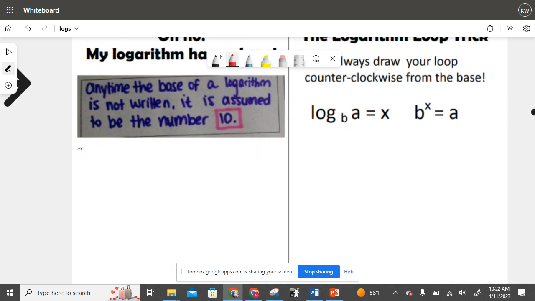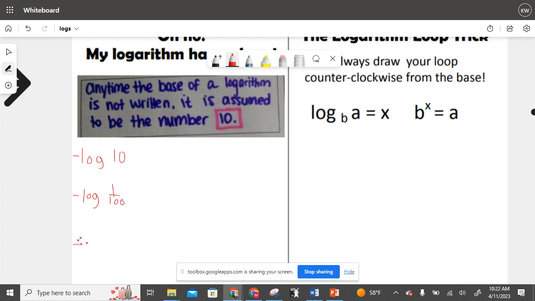All right, so let's say you got 3 logs here. We got log of 10. We got log of 1 over 100.